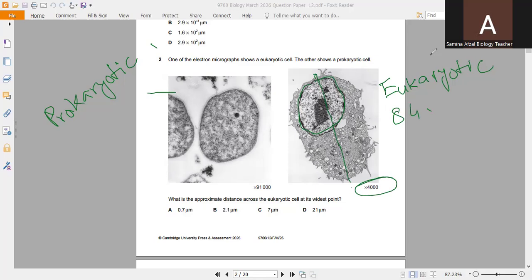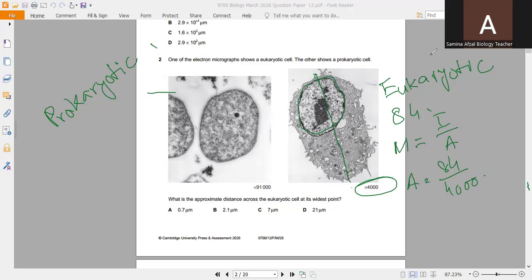So when we calculate the answer, magnification is equal to image length over actual length. So we want to find the actual length: image is 84 divided by 4,000.